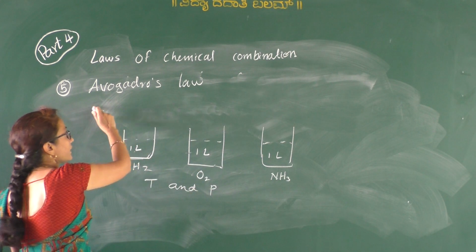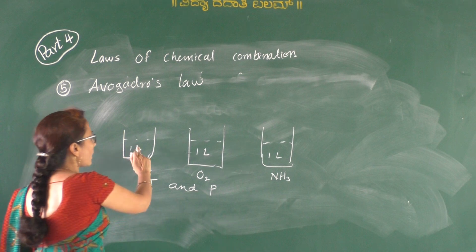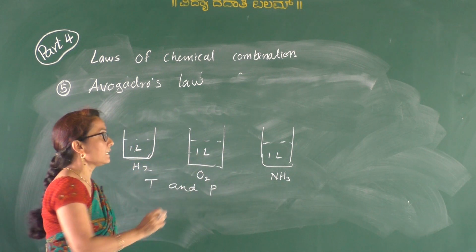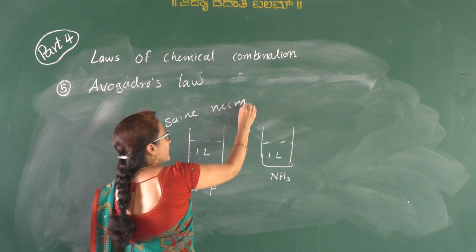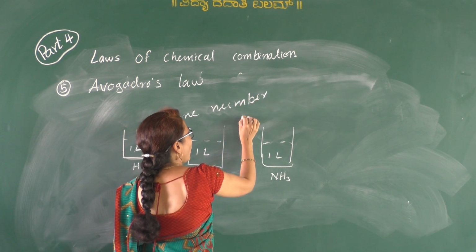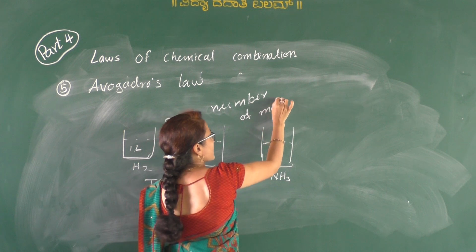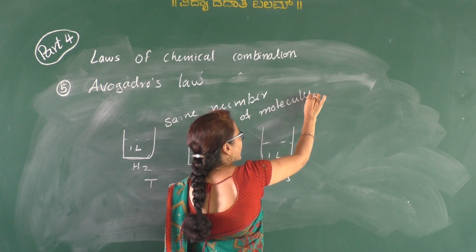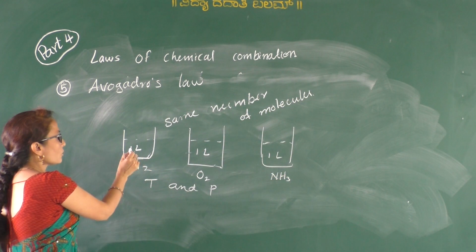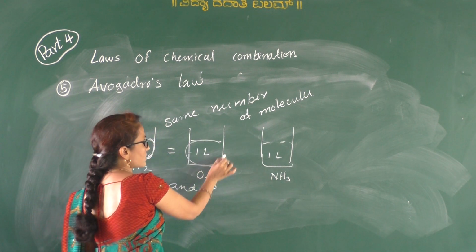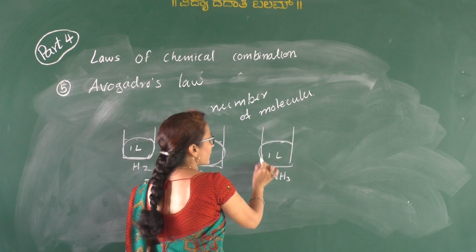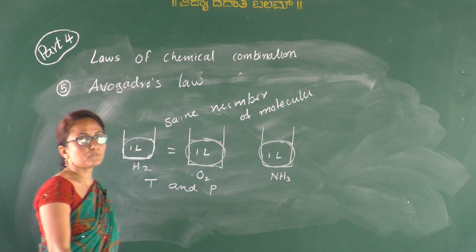Then, according to Avogadro's law, all these gases contain the same number of molecules. The number of molecules present in the first vessel is the same as the number of molecules in oxygen and the number of molecules present in 1 liter of ammonia.